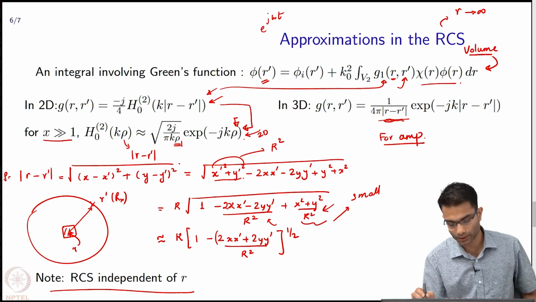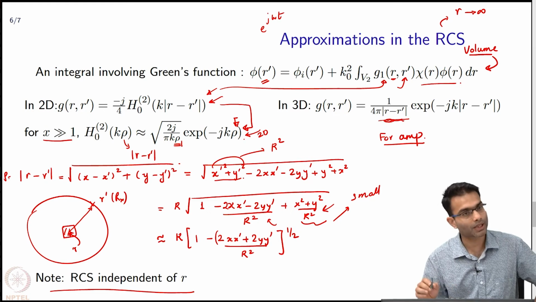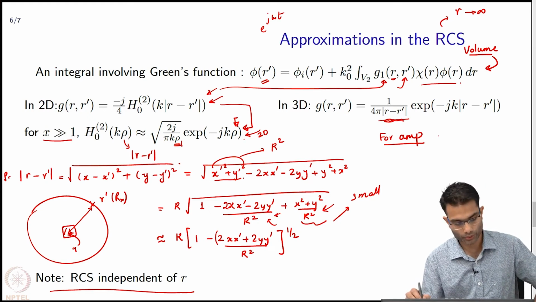For the amplitude term, what do you do? It turns out that if you make a further approximation of ignoring this term also, you replace rho as approximately equal to r.